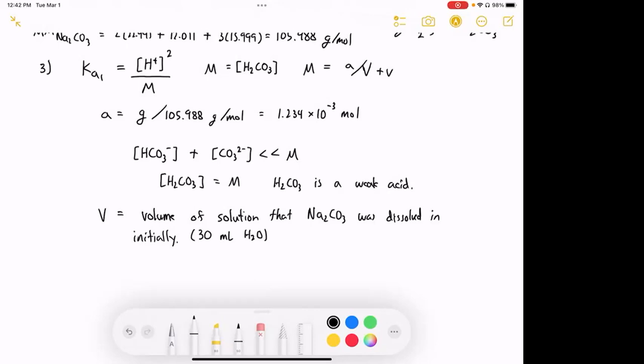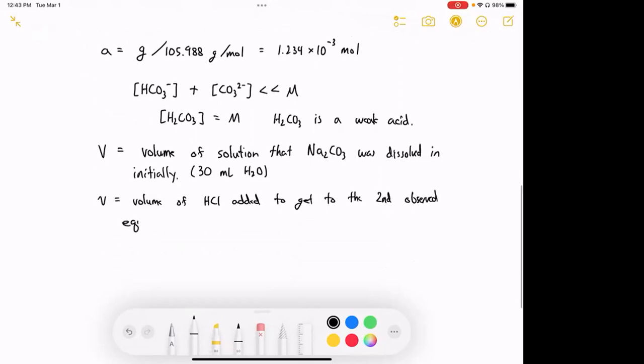Okay, and then v is the small v right here, the volume of HCl added to get to the second observed equivalence point. So v is the volume of HCl added to get to the second observed equivalence point.